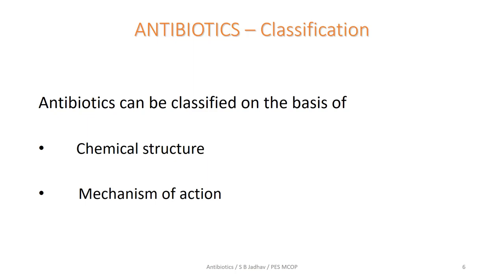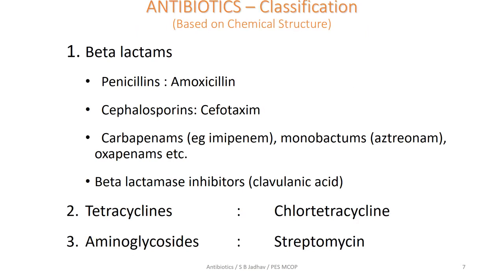We can classify antibiotics either on the basis of their chemical structure or the mechanism of action. We shall see both classifications. First, let us see the classification on the basis of their chemical structures.